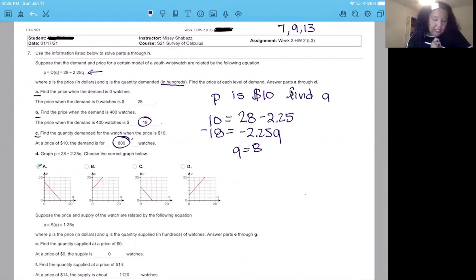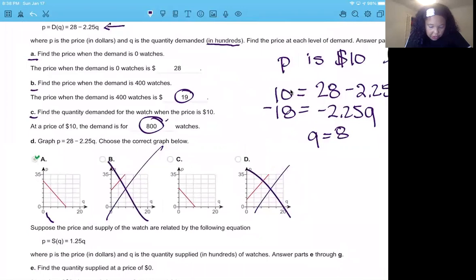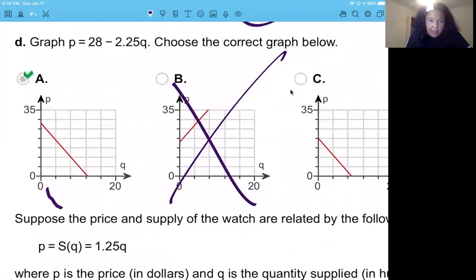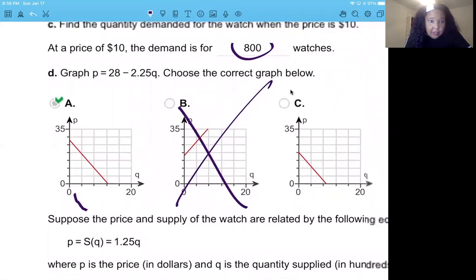All right, then part D is graph 28 minus 2.25Q. Well, we know we have a negative slope, so we can cross out B and D. And then what we're going to do is try to look closer here at these graphs.